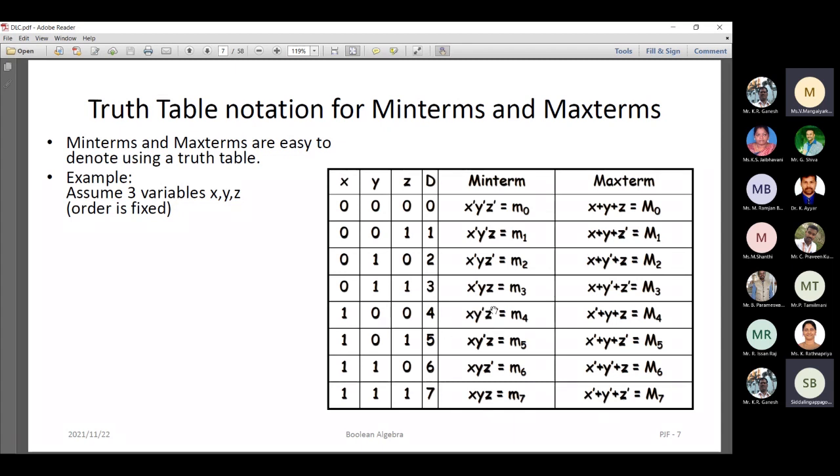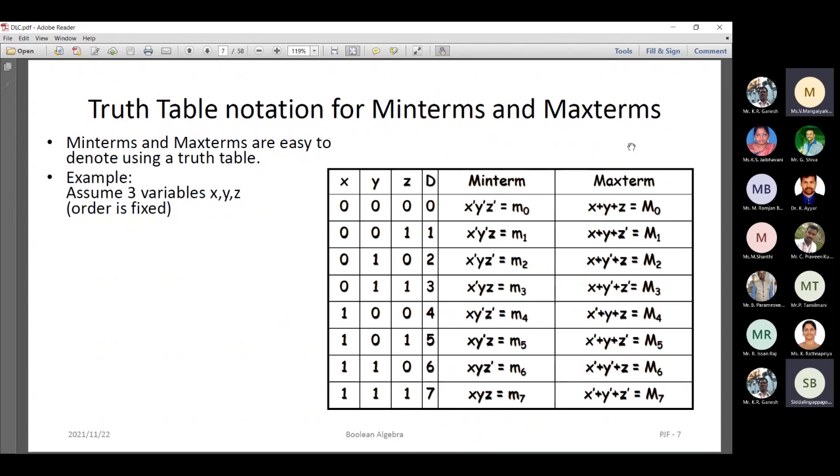So how to remember whether 0 or 1 is the complement in min terms and max terms? Just think this way. Generally in binary, we have two numbers, 0 and 1. The minimum number is 0. That is a min term. Min term means minimum number 0. Whenever you have a 0, you write the complement of it. If it is not 0, non-complement.